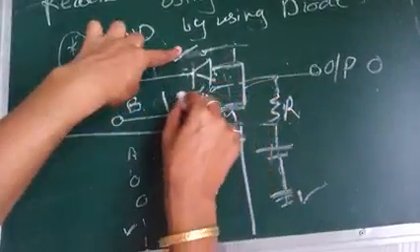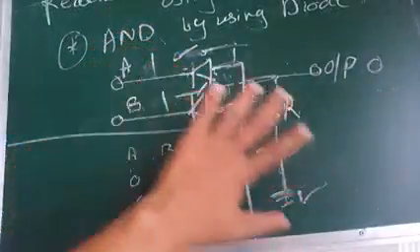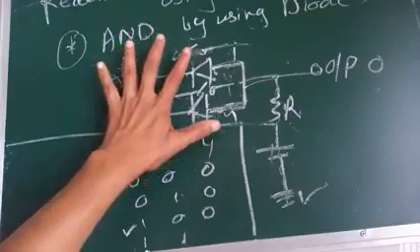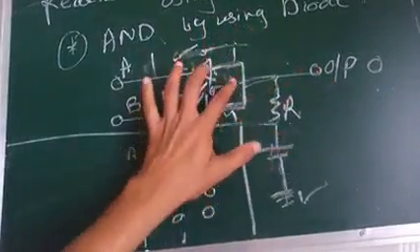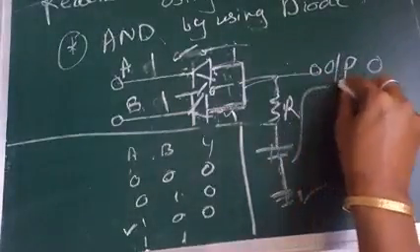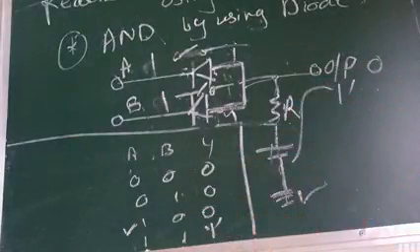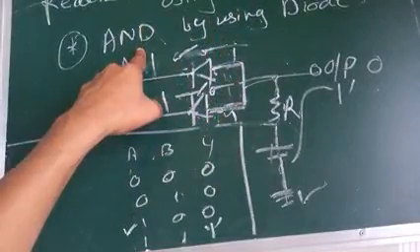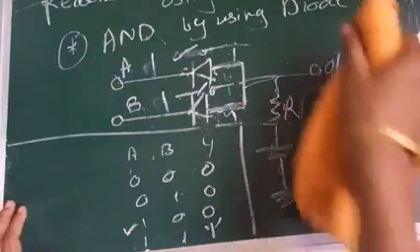The upper diode as well as the lower diode both function as open switches, and zero current flows through the diode. Because there is no current, the voltage appears across the output and you have output 1. In this way, when two diodes are operated in that manner, they function as an AND gate, and this is known as the realization of the AND gate by using diodes.